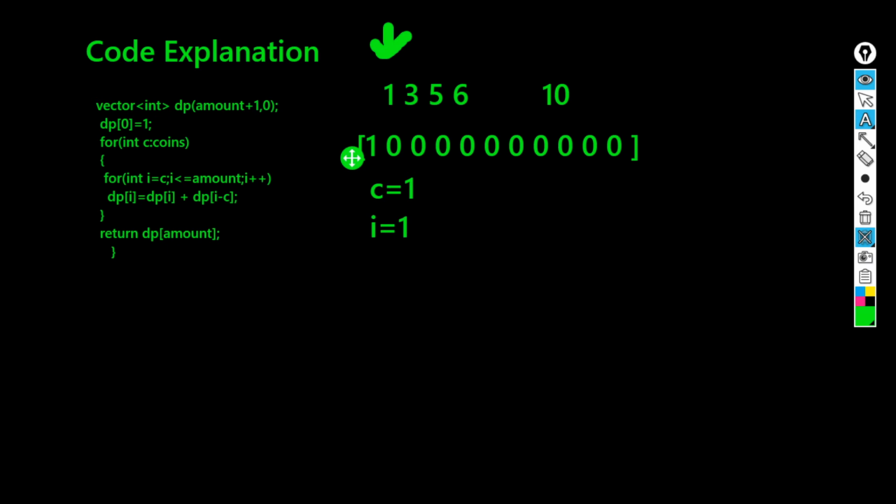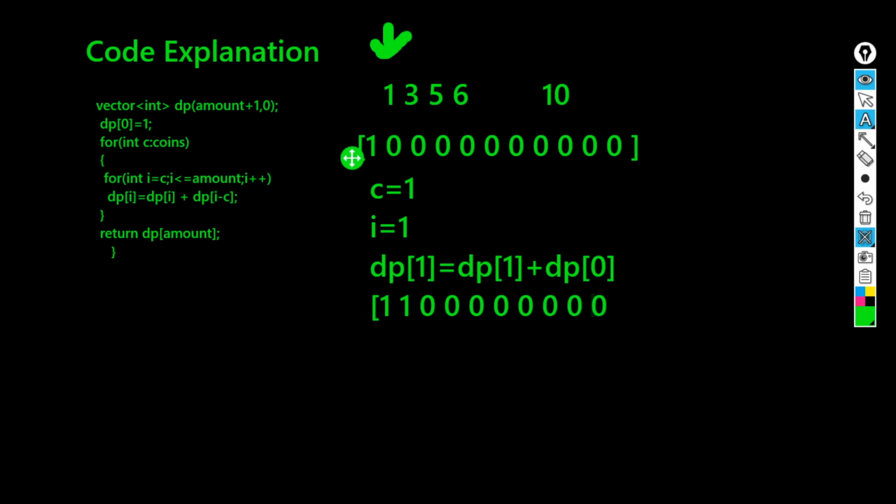Now if we put this in the formula, dp[1] = dp[1] + dp[0]. Simple. So after this the array will become 1 1 and then 0 0 0 0, and this is after the first loop.